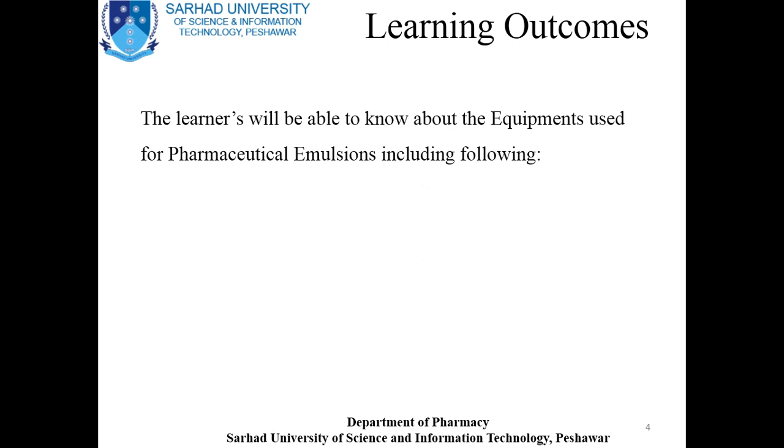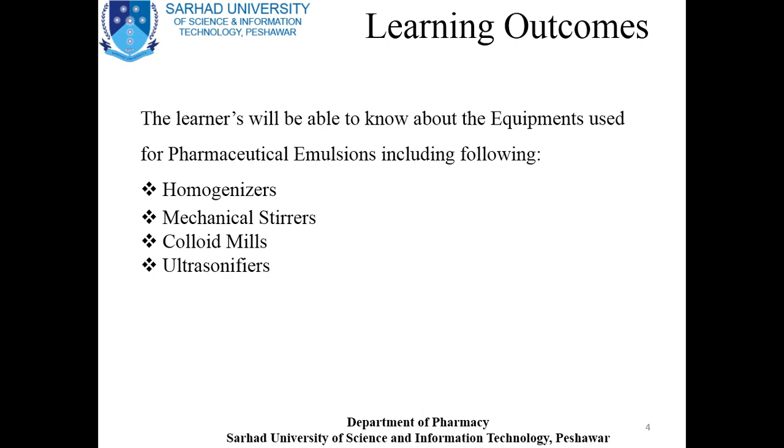Dear students, after the completion of today's lecture, you will be able to learn about the different types of equipment used in the pharmaceutical emulsion formulations, including homogenizers, mechanical stirrers, colloidal mills, and ultrasonifiers, which are widely utilized in the manufacturing of pharmaceutical emulsions or in the process of emulsification.